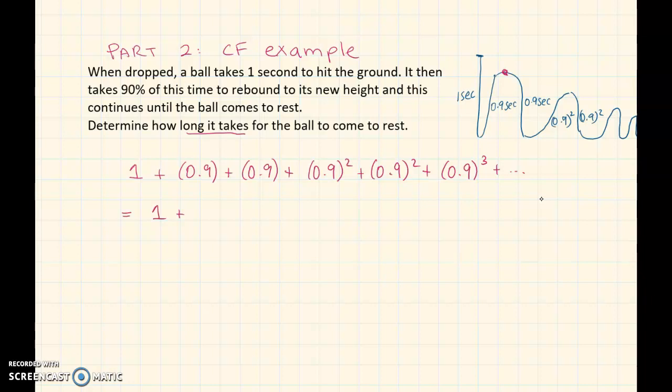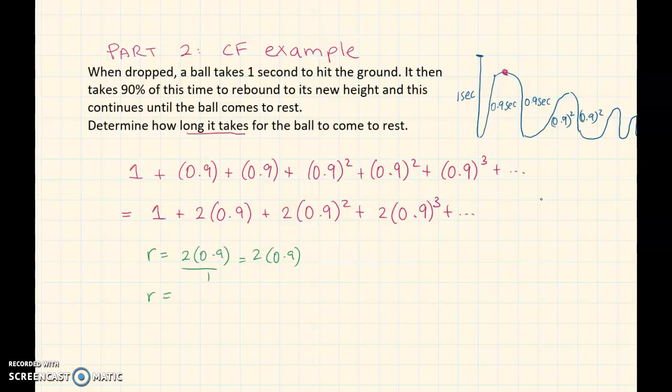So 1 plus, now I'm going to group these together, so we've got 2 times 0.9 plus 2 times 0.9 squared plus 2 times 0.9 cubed, and that is going to continue on. Technically there's 1 second here, but I'm actually going to take that out and ignore it for the purpose of my calculations, because if I tried to use this as a series as it is right now, I would be looking to find the common ratio R, and I would look at the second term divided by the first term.